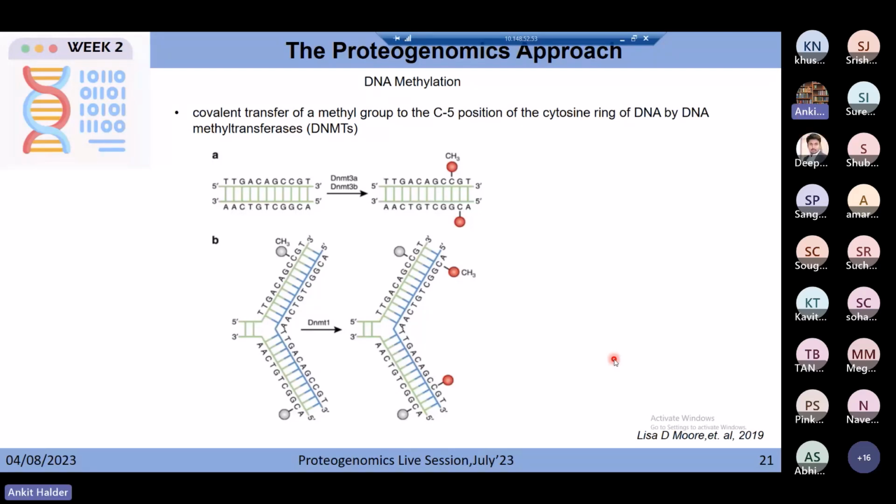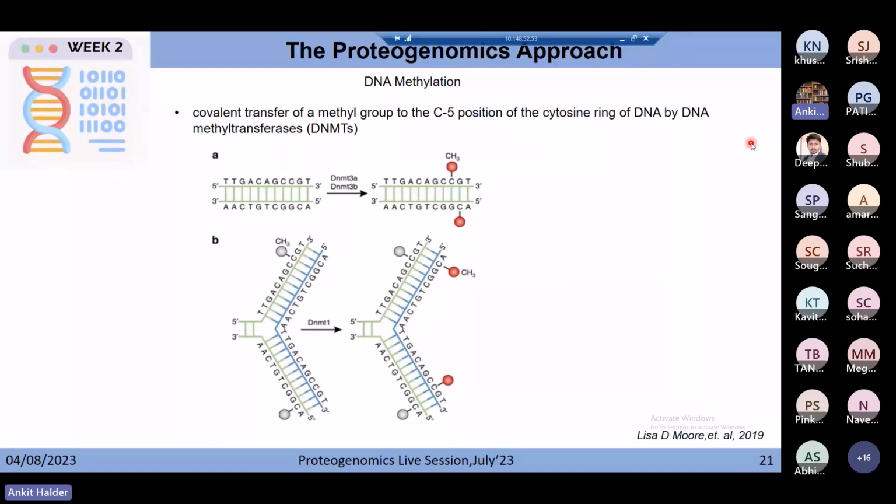So this is now another concept from epigenomics, DNA methylation. Here there is a covalent transfer of a methyl group to the C5 position of the cytosine ring of DNA by the DNA methyltransferases. This is the C5 position.